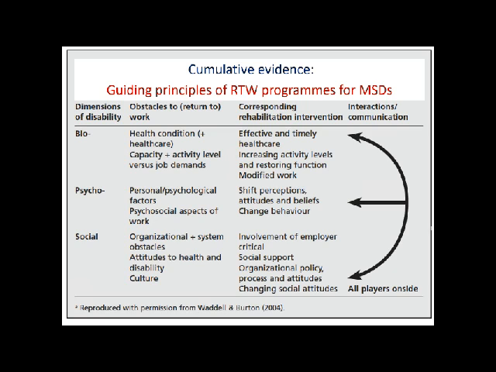The corresponding intervention package must include all the necessary components for that, such as prompt access to clinical treatment, modified work when necessary, change in behavior and beliefs, involving the employer in the return-to-work process, providing social support, and making sure that all stakeholders communicate and cooperate with the return-to-work plan.